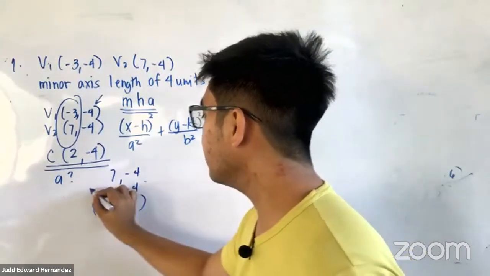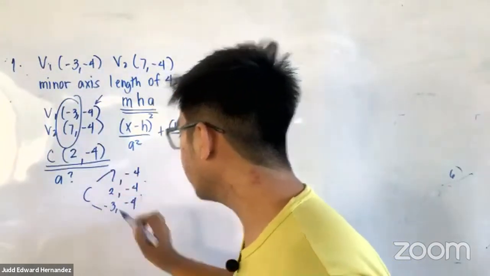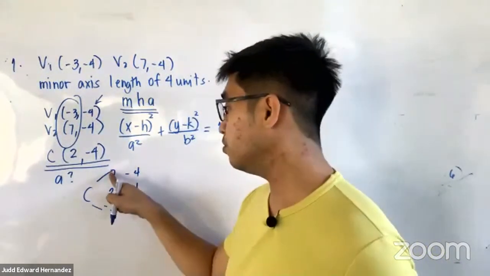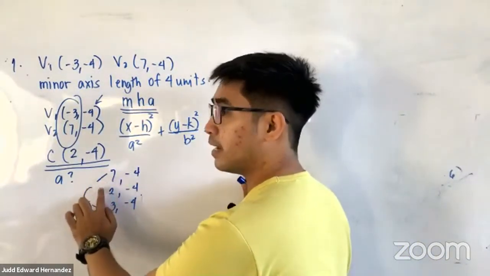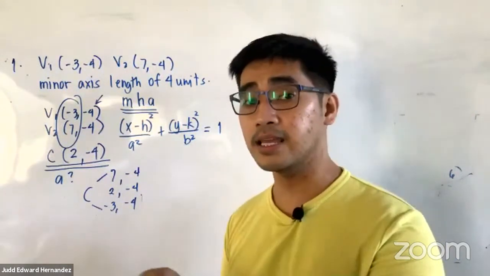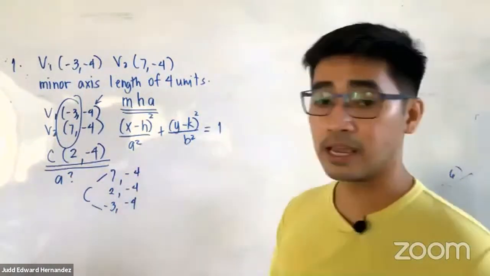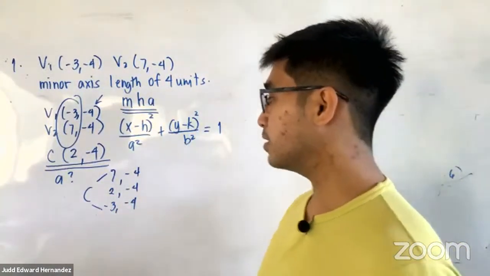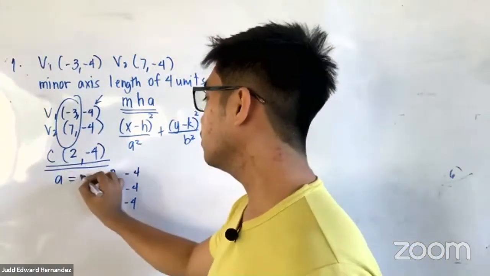At alam natin na dito sa center, ang distance niya papunta sa mga point na yan is just equal to what? To A. Tama ba? From the center going to any endpoint of the vertices, that is equal to a distance A. Therefore, base dito sa given, what is the value of A? Sige nga. The value of A now is equal to 5.